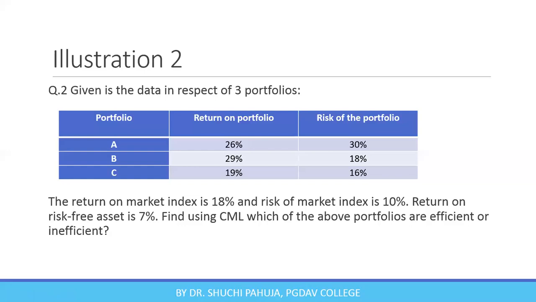So first thing to be done is finding returns on these portfolios using CML equation. Compare expected returns with actual returns. If return given by CML equation is same as return of the portfolio, the portfolio is efficient. Otherwise, portfolio is not efficient, right?